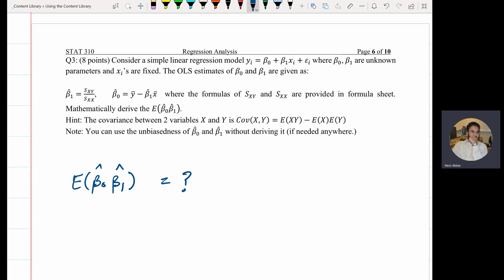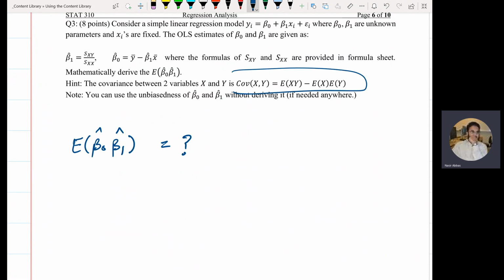The covariance between x and y is equal to the expected value of xy minus expected value of x, expected value of y. So you use this hint to solve the middle part, which is expected value of xy, which will be equal to covariance of the two plus expected value of this times expected value of this. So you start with using this hint.